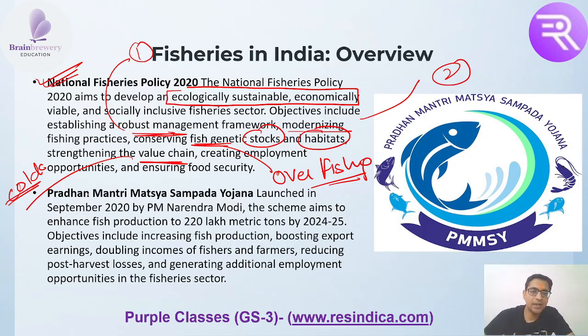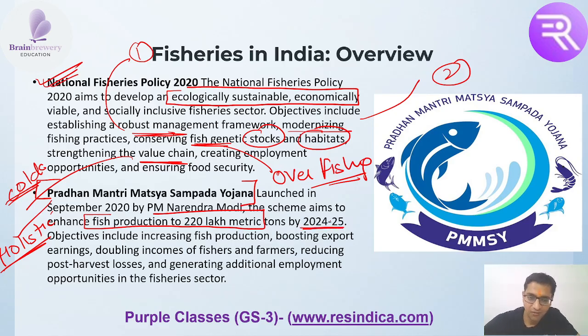In 2020, Pradhan Mantri Matsya Sampada Yojana came, a holistic, integrated plan for fishery development of our country. We are targeting 220 lakh metric ton of fish production by 2024-25 by using better technologies and providing the proper support, credit facility, infrastructure support.